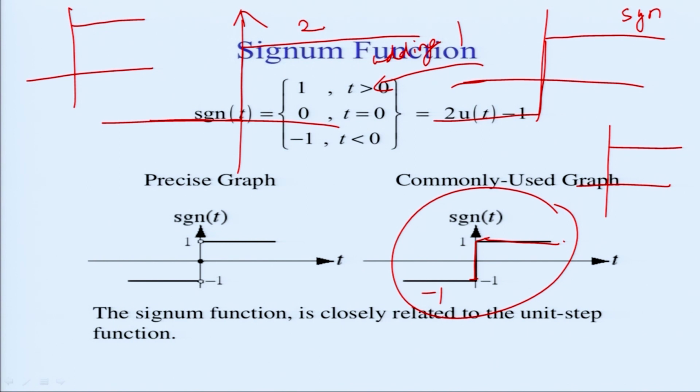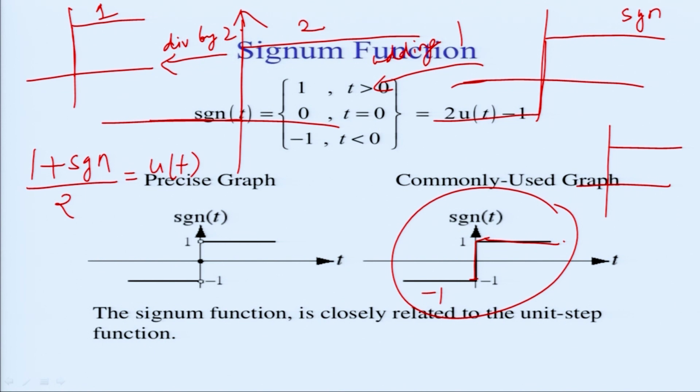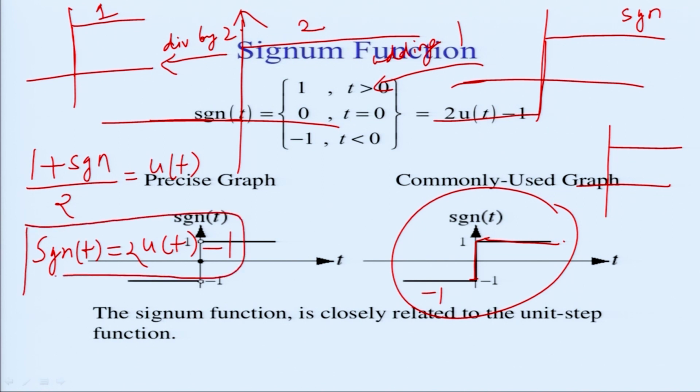The only difference is that the unit step has the same characteristic, but its magnitude is 1, whereas here it is 2. So we divide by 2. That means (1 plus Signum) by 2 is the unit step. So if asked how to represent a Signum signal in terms of the unit step signal, we can say it is 2 times the unit step signal minus 1.